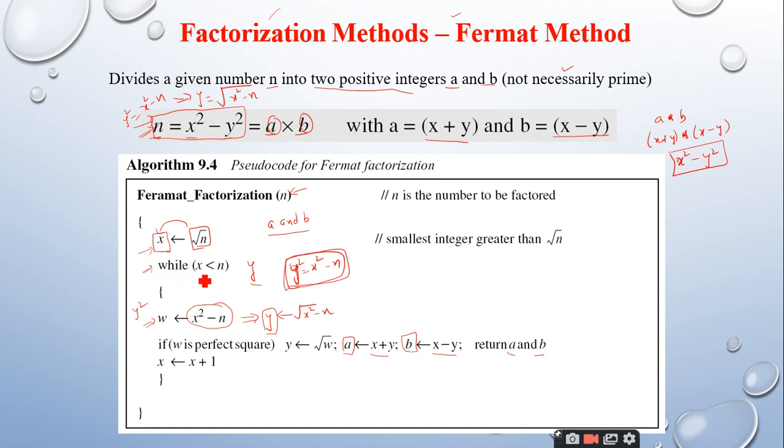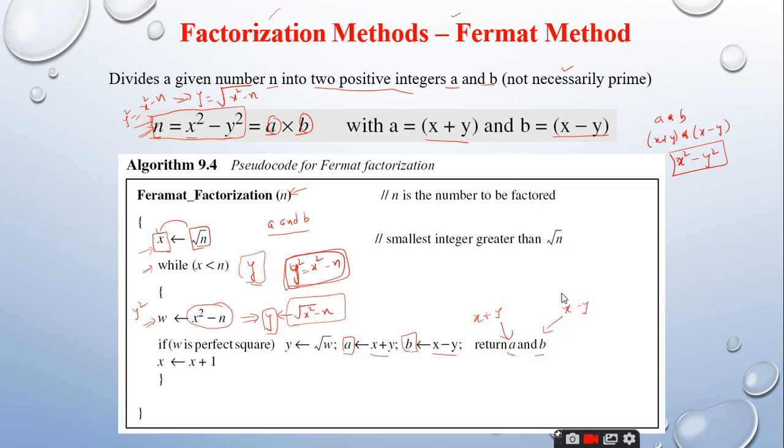You try to find the value of y such that this particular relation holds, that is y equals square root of x square minus n. Once you identify such a number, you just calculate the value of a as x plus y and the value of b as x minus y. These two values are returned at the end. Right.